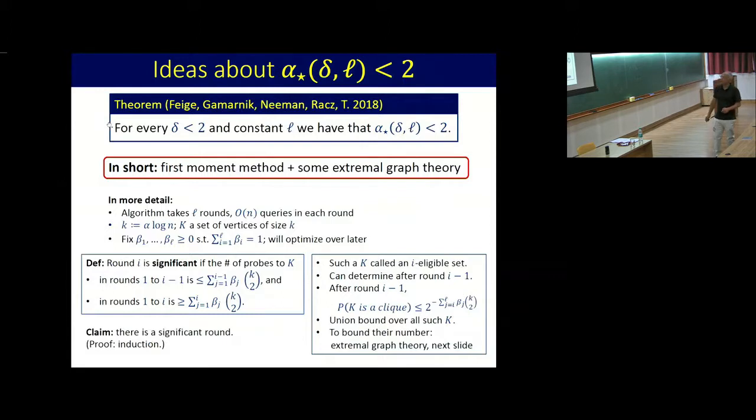You ask some beta 1 fraction, beta 1 times n, for example, and so on. Basically, our observation is that if you had L rounds, in some round you must have made significant progress. We want to bound the probability of that, how likely or unlikely. For that, we say round i is significant, the number of probes to this particular clique we have in mind, and then we do the expectation, the number of cliques of that size or whatever.